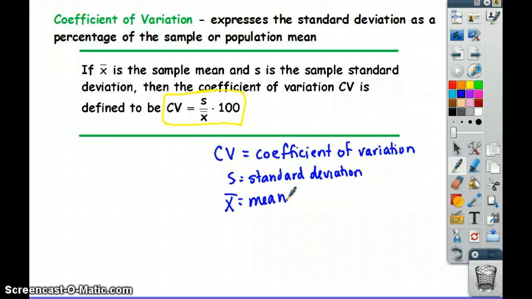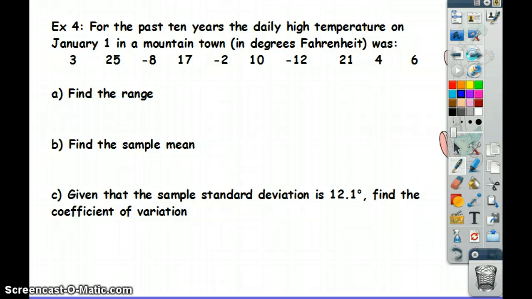So let's go ahead and try one problem finding the coefficient of variation. This is a pretty easy problem to work if you know the standard deviation and you know the mean. For the past 10 years, the daily high temperature on January 1st in a mountain town in degrees Fahrenheit was given by this.